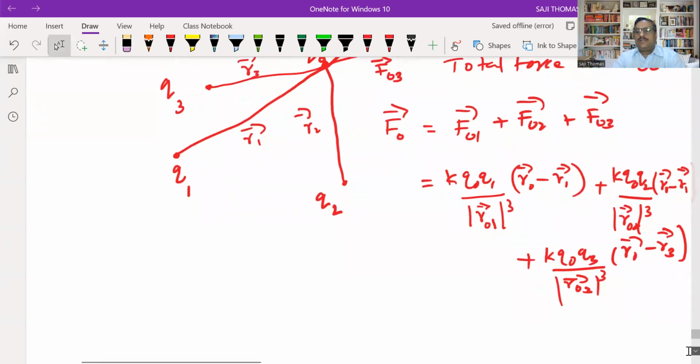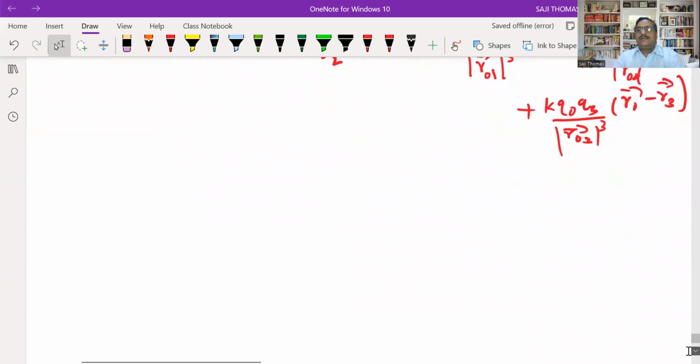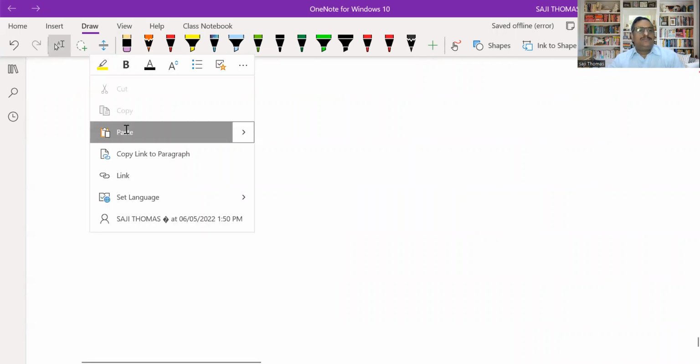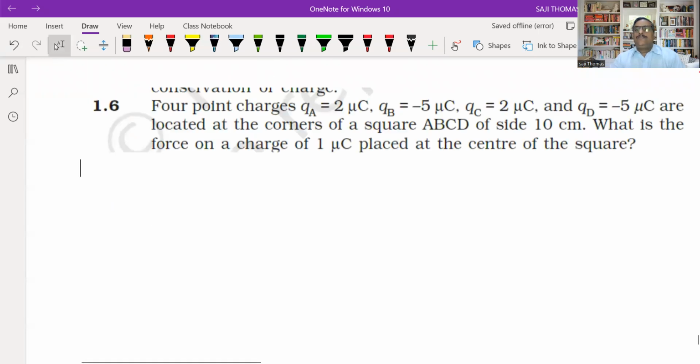Question number 1.6 of the textbook. See, so read the question.